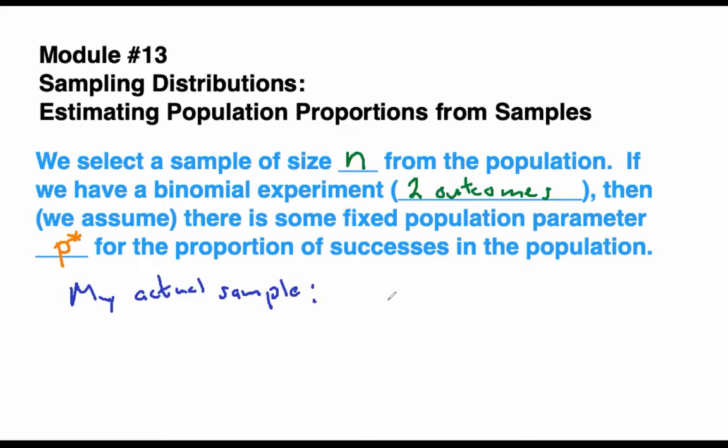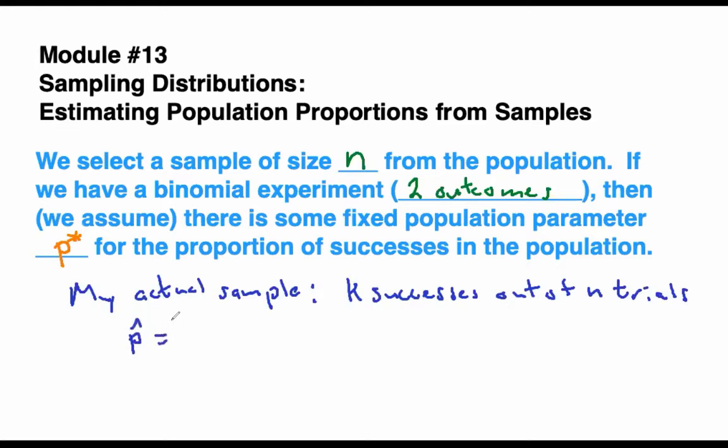So my actual sample, we have K successes out of N trials. Okay. Now the notation we use here is we actually write P with a little hat.